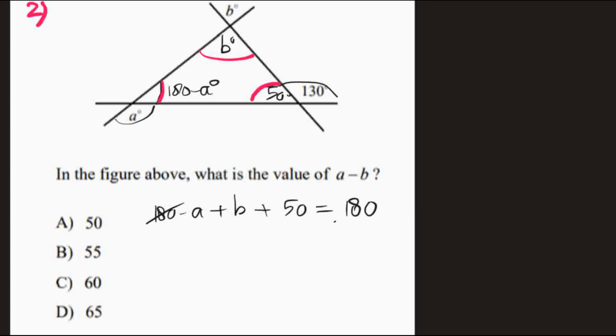Now in here we can cancel. So now we want A minus B, so we have to move A to the right to get it positive, and B here. So our answer will be 50. A minus B equals 50. Our answer.